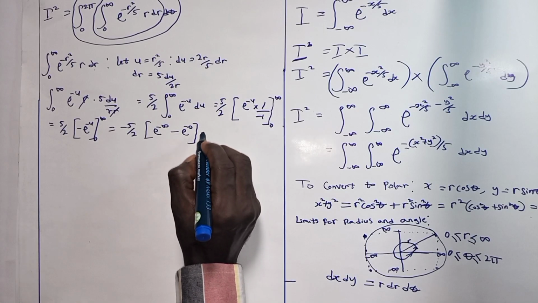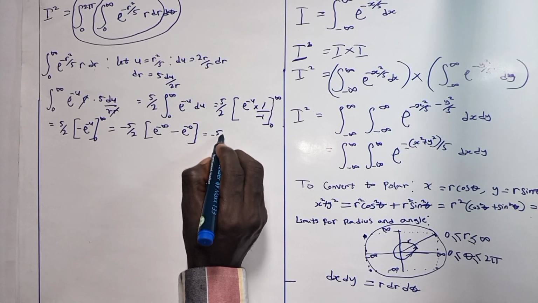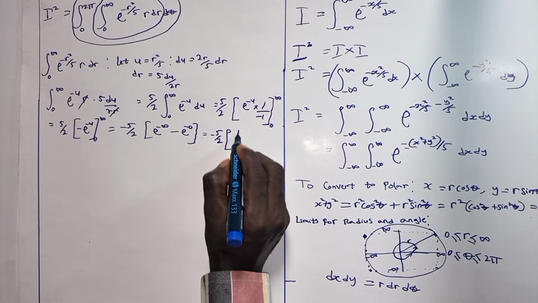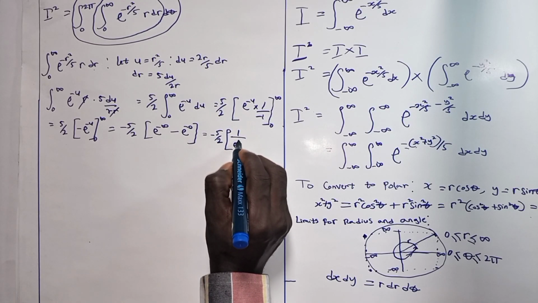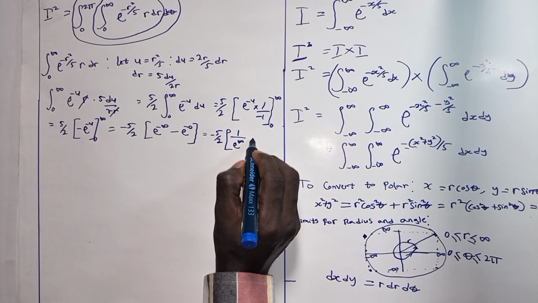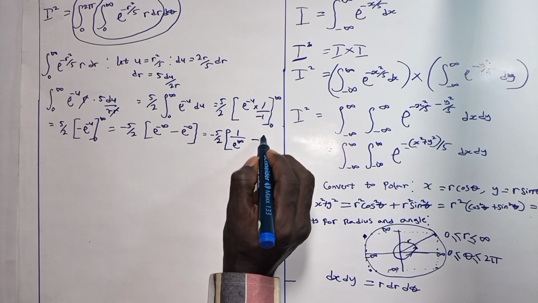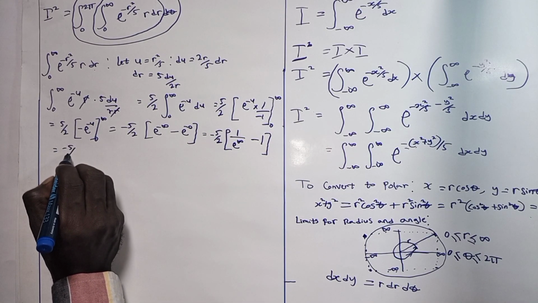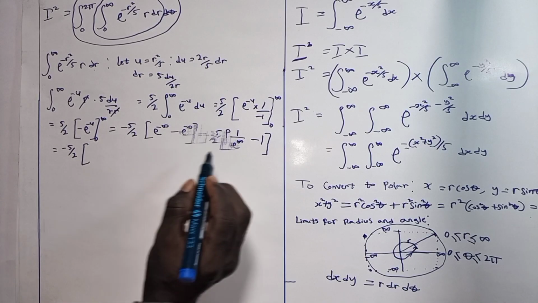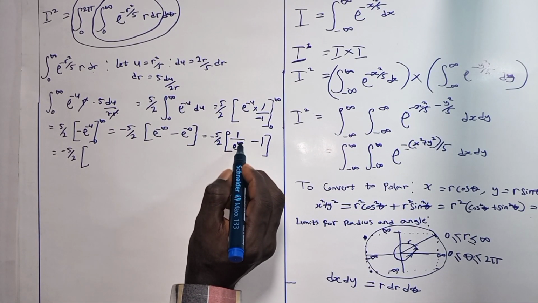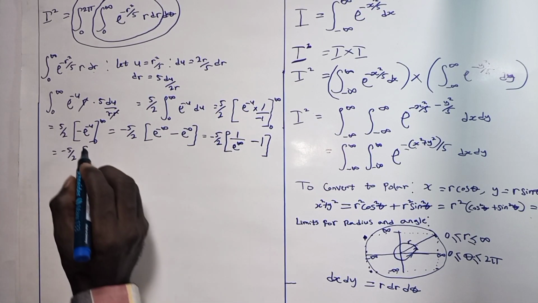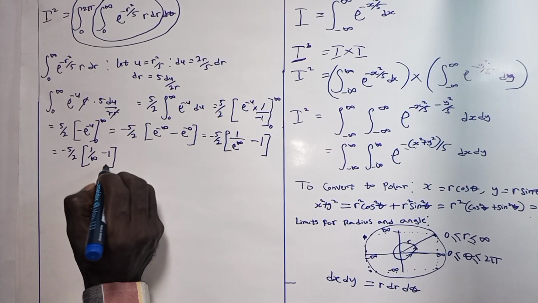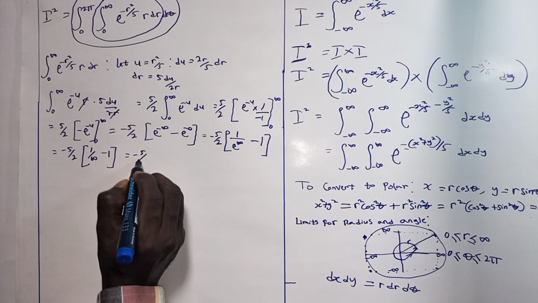So this is what I'm trying to say. Let me break it down, like I promised I was going to break it down. So this will give us 1 over exponential infinity, which is 1 over infinity, minus 1, and I said 5 over 2.